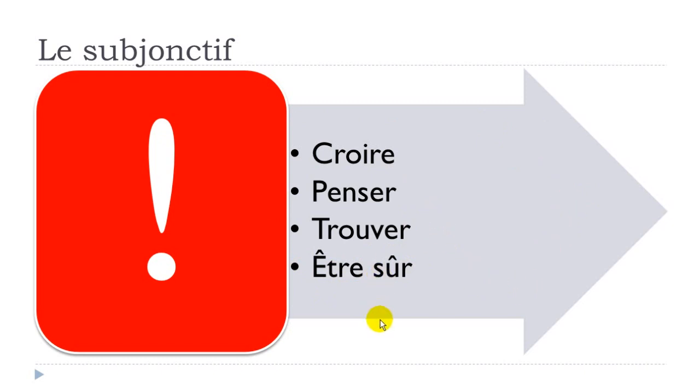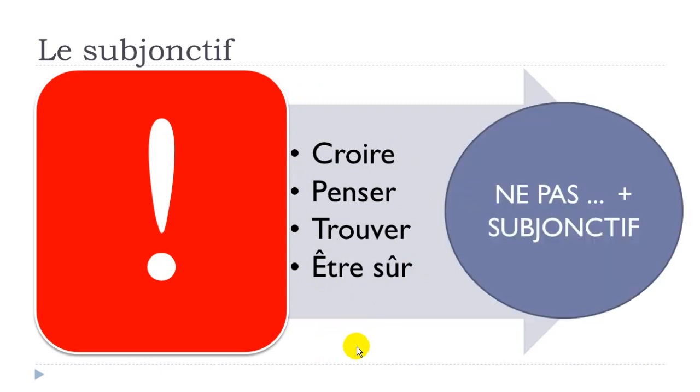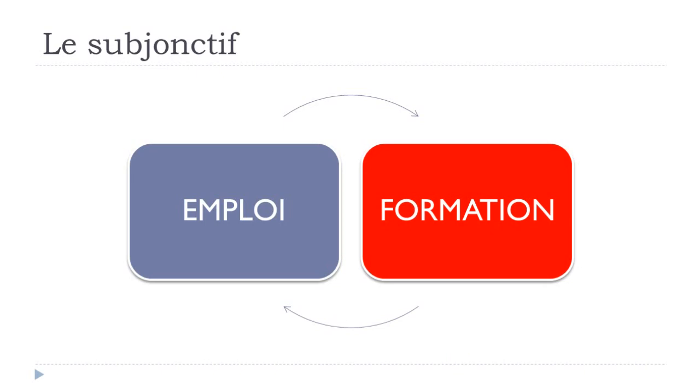But when you put these verbs in the negative form, they should be followed by the subjonctif. Okay, so keep that in mind. So croire, penser, trouver, être sûr: if you want to use these verbs in the negative form, they should be followed by the subjunctive.